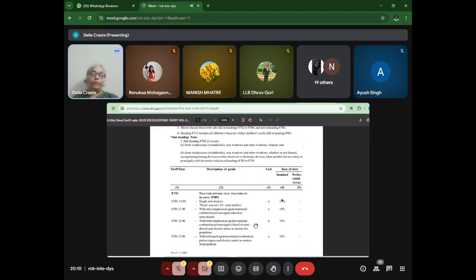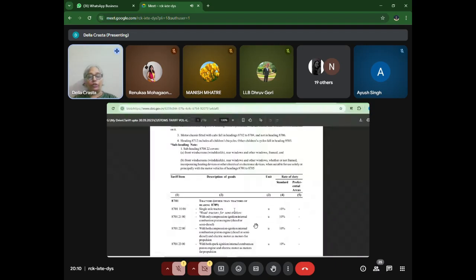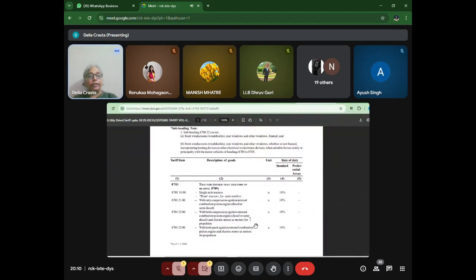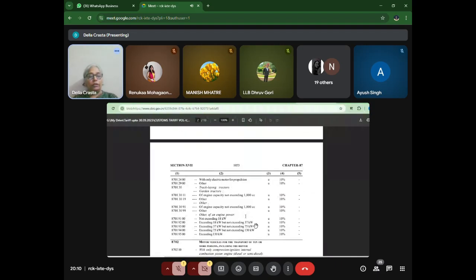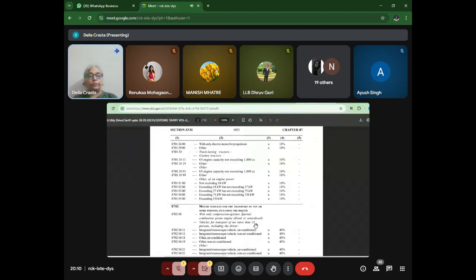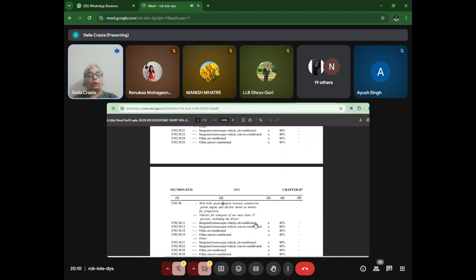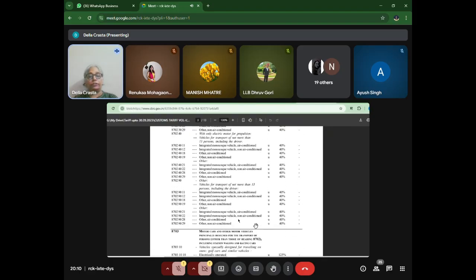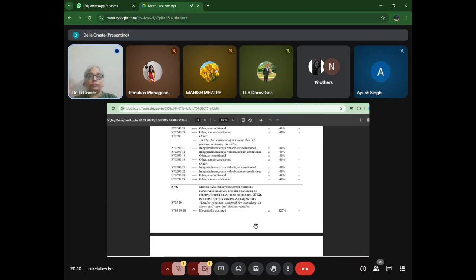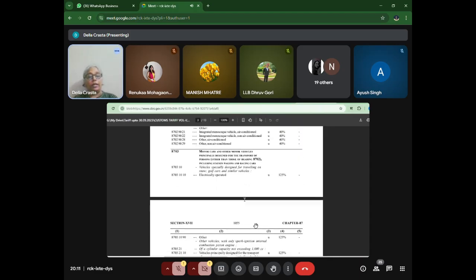If you say vehicles which are used for moving passengers, 8701 will not come. 8702 covers vehicles used for transporting persons. Then 8703 is also vehicles for moving persons; there more than 10 persons, here less than 10 persons.